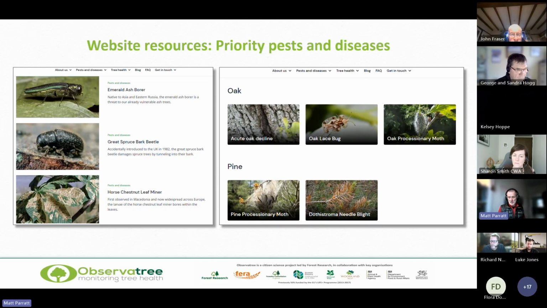And it will take you to ash dieback and emerald ash borer, for example. When you dive into that, you'll get information about the pest or disease, their background, the signs and symptoms, and the lookalikes as well. So it's an excellent resource. You can download the field guides as PDFs. There's no charge for those. That's all there for you to make use of.